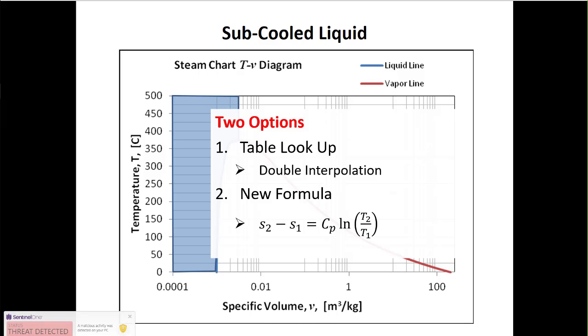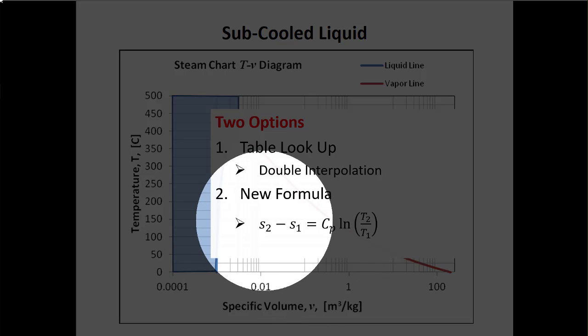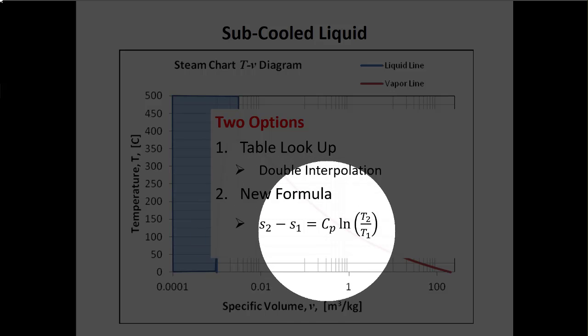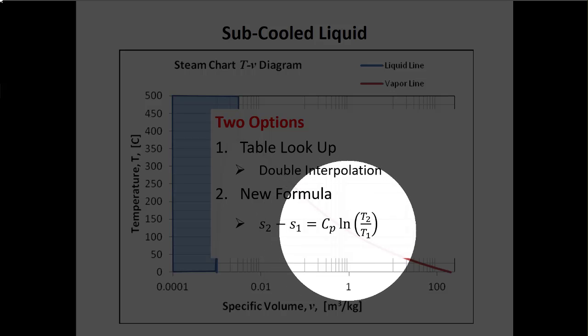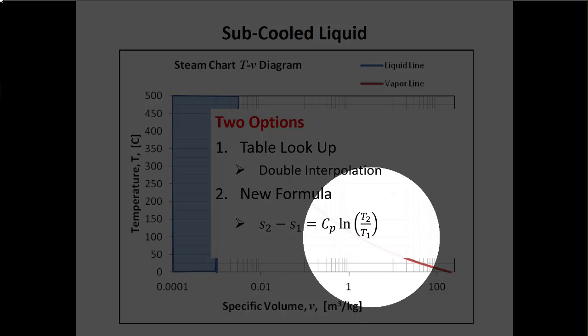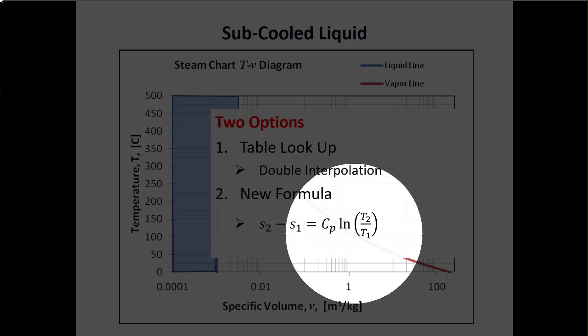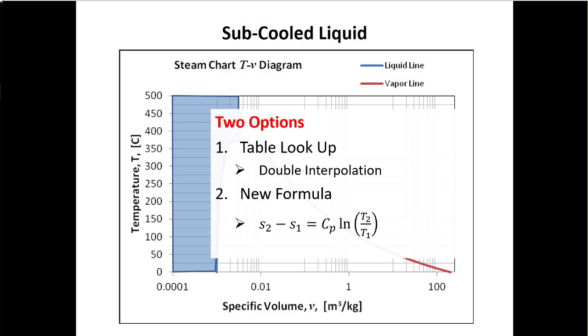Well, it turns out that we have a similar equation for trying to find specific entropy. Here we take delta S, S2 minus S1, still going to be Cp for specific entropy. And then we're going to take the natural log of T2 over T1. So not the temperature difference like we would if we were trying to find delta H, but the natural log of the temperature ratio.